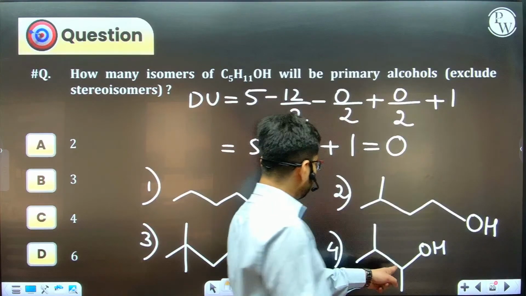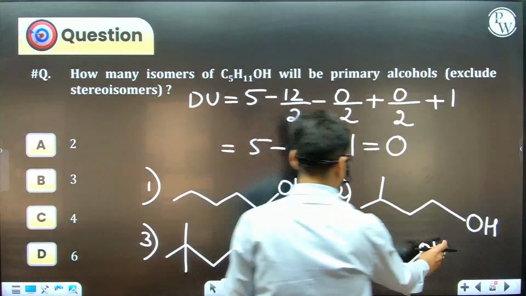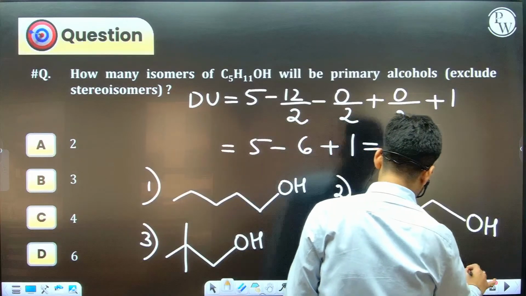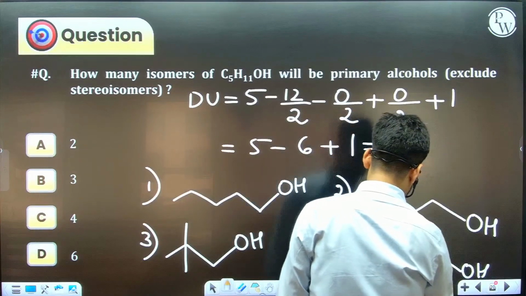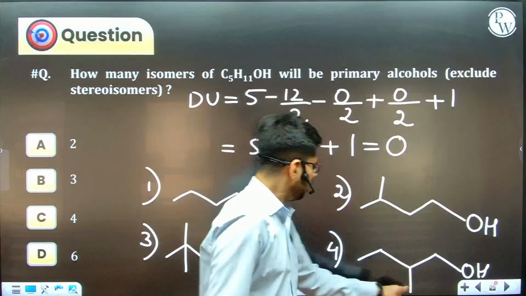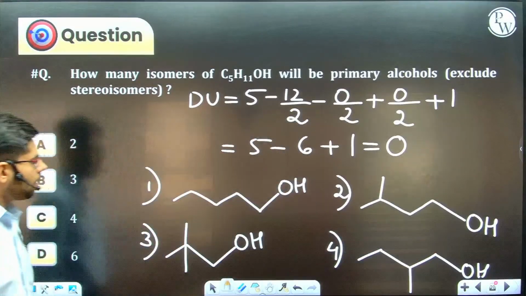No. Is this a 1 degree alcohol? This is a 2 degree alcohol. So this cannot be our answer. What about this one? Check this one.